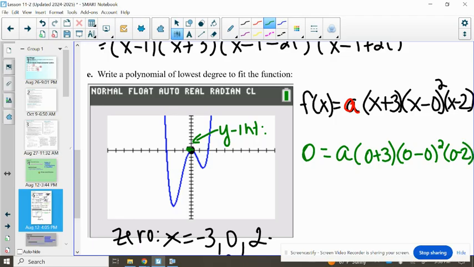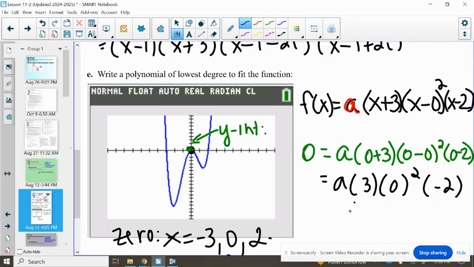Now this one is a little bit interesting when we start solving because, a reminder, anything that is with 0, even if we have 3 and -2, we're multiplying all of this by 0.